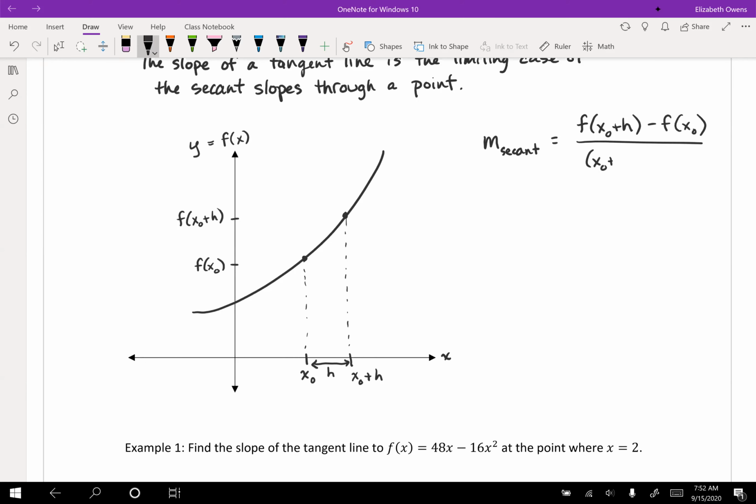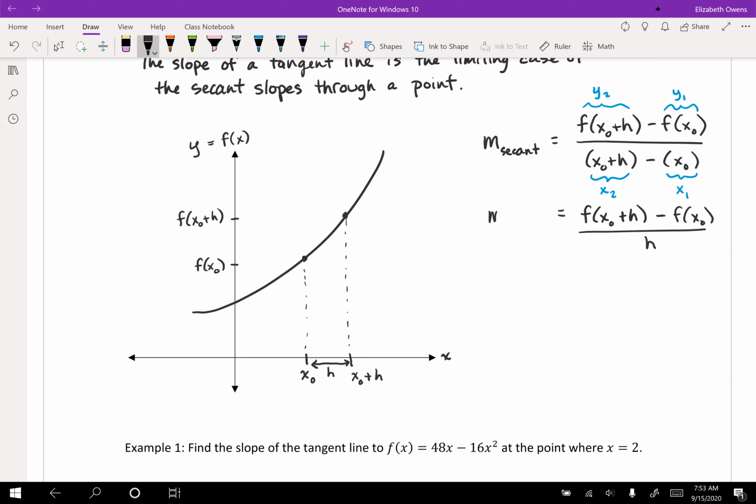So we could say x naught plus h and then minus x naught. That way you can see the classic slope formula here. This is like y2 minus y1, here's x2 minus x1. So that's where that all was coming from. But then down in the denominator there, that just simplified down to h for us. So we would usually just write it like this: f of x naught plus h minus f of x naught over h.